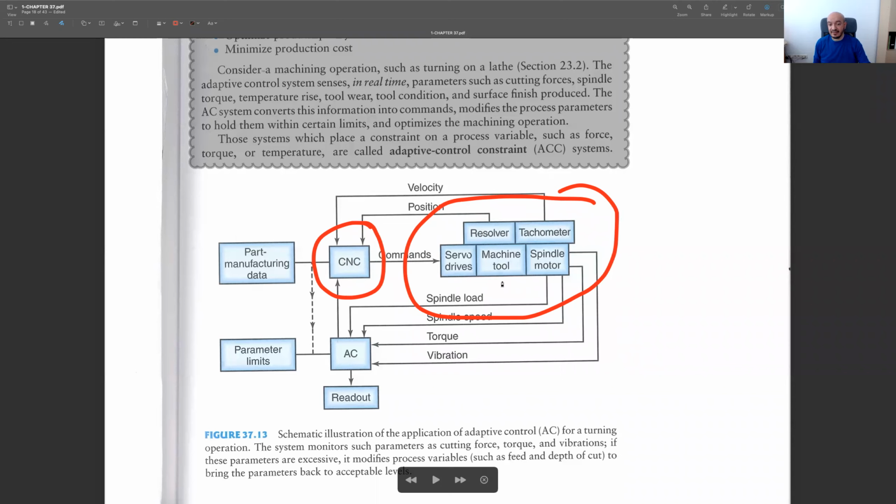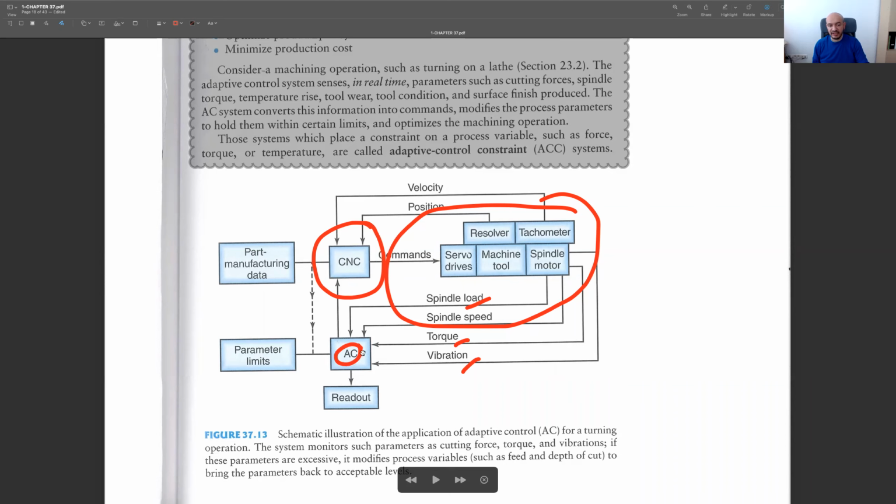But since it's an adaptive control system, we need to have more sensors in the environment, more sensors on the machine. What are they? For instance, we check the load on the spindle, we check the spindle speed, we check the torque, we check the vibration on the machine, and they're all fed to the adaptive control system. And then we have a kind of powerful computer here.